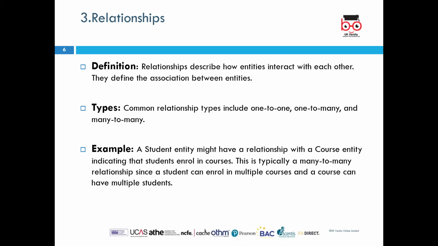There are common relationship types, including one-to-one, one-to-many, and many-to-many. So when it comes to interacting with our tables, we need to identify which type of interaction we're having in order for us to create our ERD diagram.